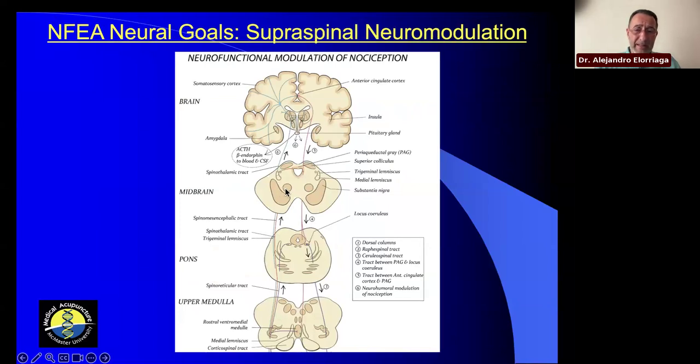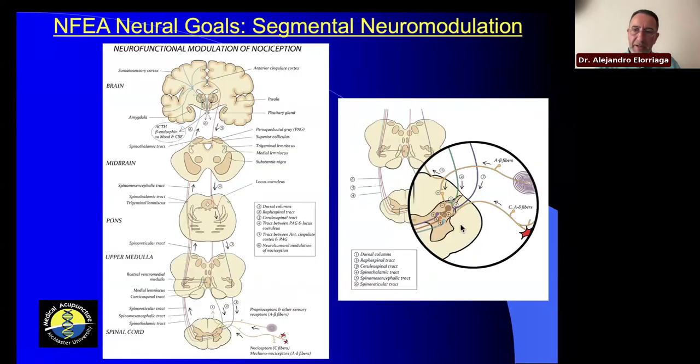Also, I realized that there was a neuromodulatory activity constantly going on. We can see it here, where the brain would not allow just any information to get there, but would have multiple mechanisms of filtration.